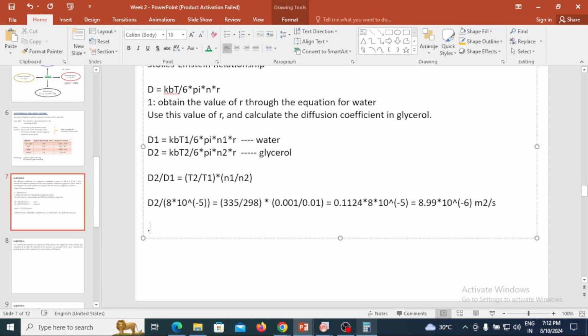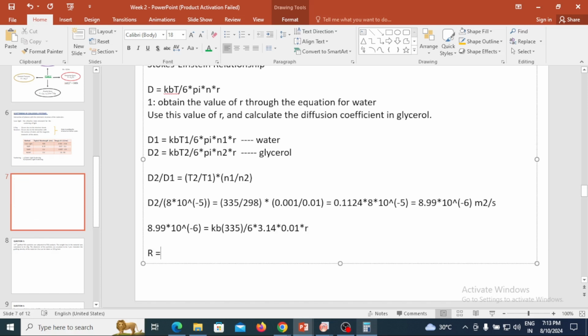So 8.99 times 10 to the power minus 6. Again, here also we are using the Stokes-Einstein relationship only. So kB times T, that is 335, divided by 6 times 3.14, value of pi, eta 2 which is 0.01 times R.